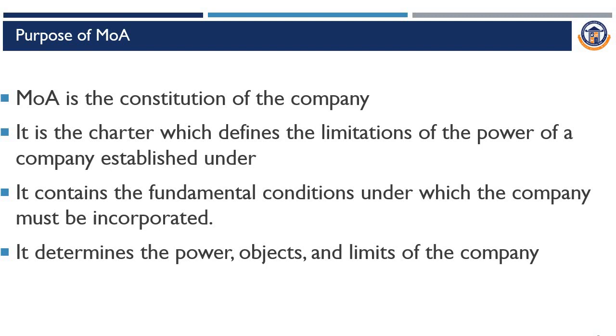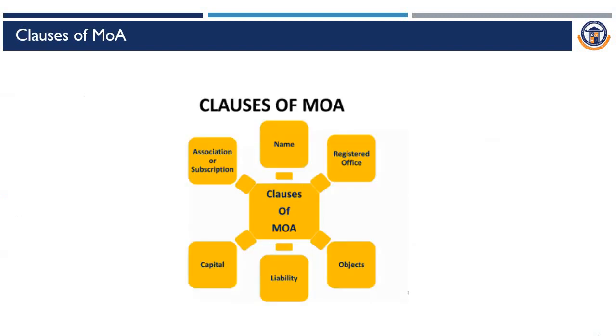It contains the fundamental conditions upon which a company must be incorporated, and it determines the power, objects, and limits of the company. So what is the power? What is the objective of forming the company? What are the limitations of the company in terms of power? This is the purpose for which a Memorandum of Association is formed.